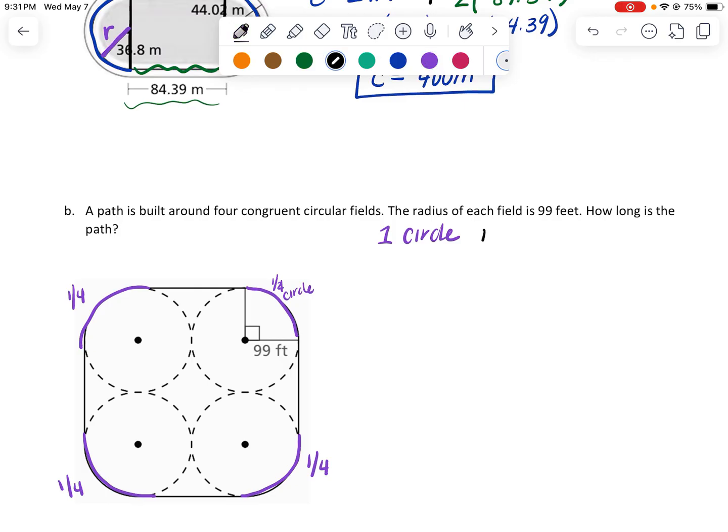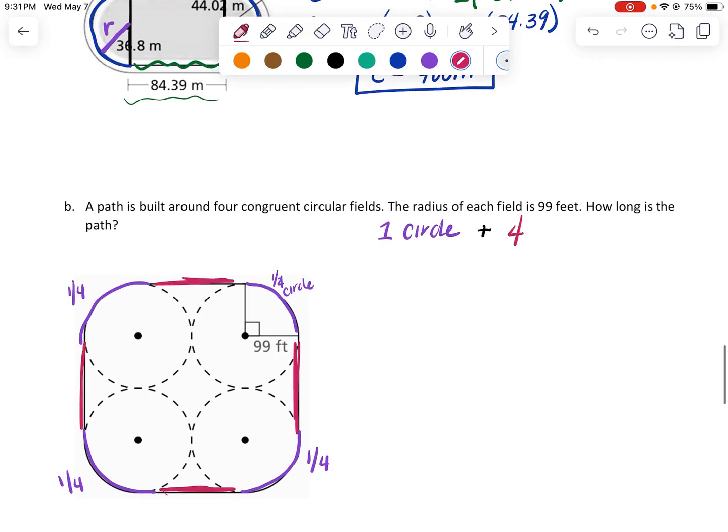And then I'm going to add these straight pieces here, here, here, and here. So we need to figure out what those are. 4 straight pieces. Okay, so let's go ahead and fill in what we know. So I know that all of these radius pieces are 99. So this is another radius.